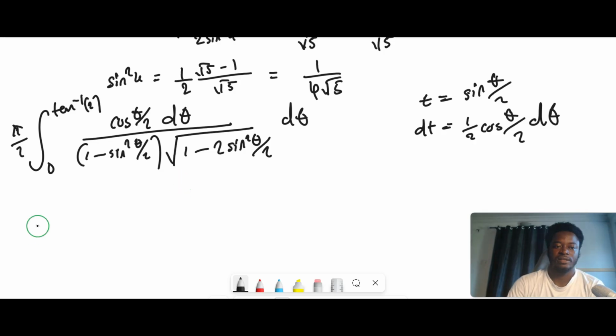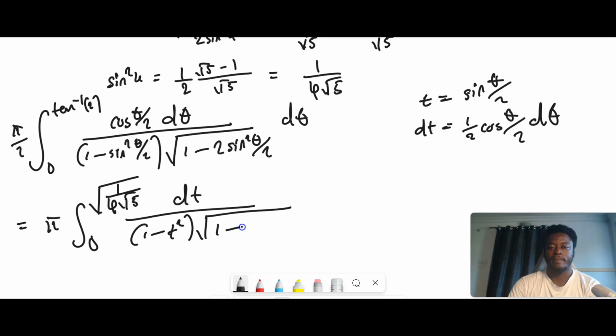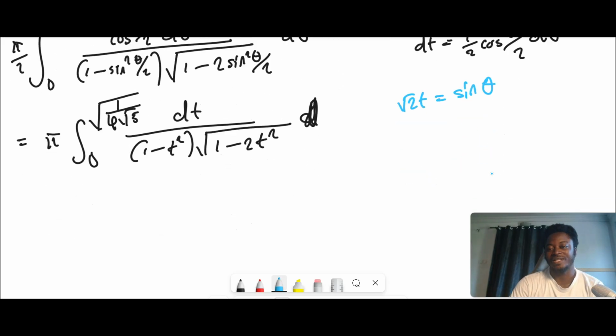Then this will be pi times the integral from 0 to square root of 1 over phi square root of 5 of dt, all divided by 1 minus t squared times the square root of 1 minus 2t squared. Now, of course, we are still going to take square root of 2t to equal sine theta. Crazy substitution, but we have to do it.